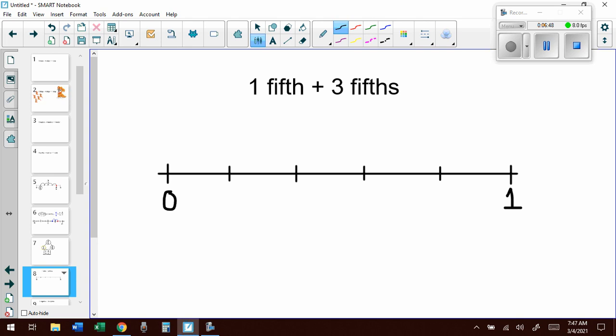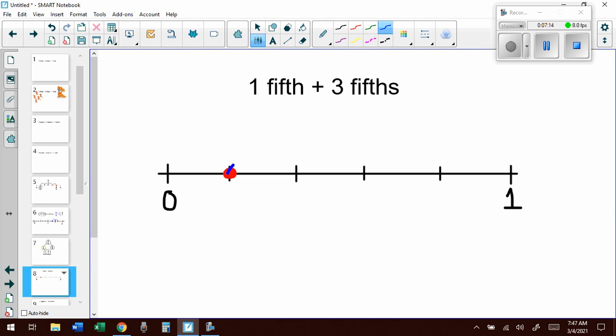Now let's look at some addition of fractions. So here I have a number line partitioned from 0 to 1, and I've partitioned it into fifths. So let's find 1/5 on our number line. 1/5. Oh, that was pretty good. Now we are going to add 1/5 plus 3/5.